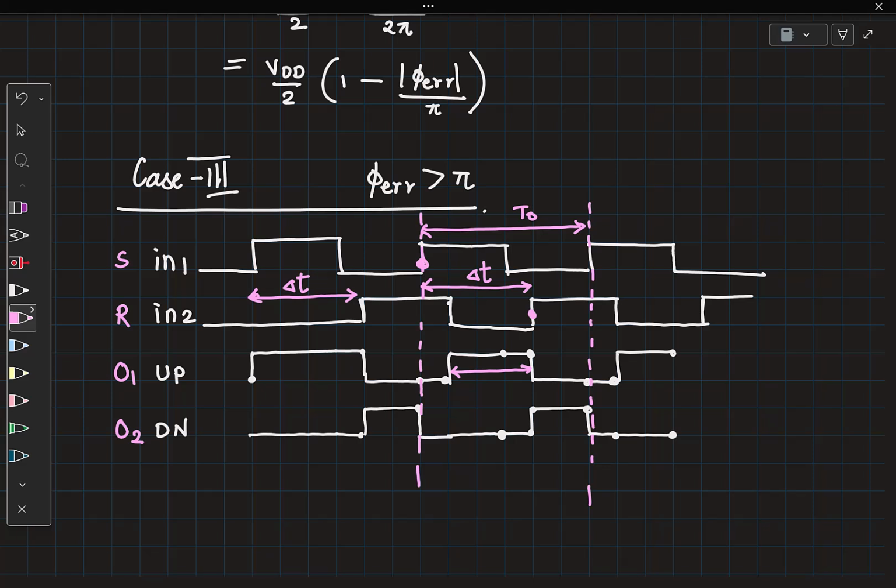That is t naught by 2. This is your in2 signal. This directly corresponds to this duration. So for the in2 signal, this is t naught by 2. Therefore, this will also be equal to t naught by 2. What comment can you make about this duration?